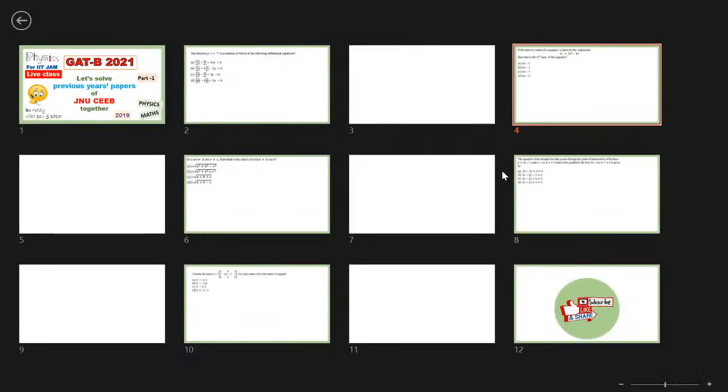So we have Sn equal to 3n square minus 4n, right?